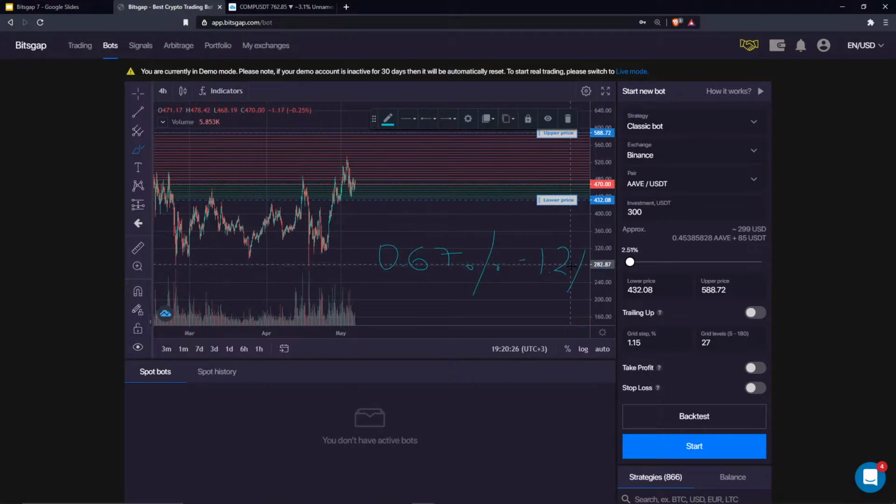That's the grid step range I'm comfortable with. It has proven to be successful for me, and that's why I stick with this configuration, where I have my grid step from 0.67 up to 1.2%. It's just from my practical experience.